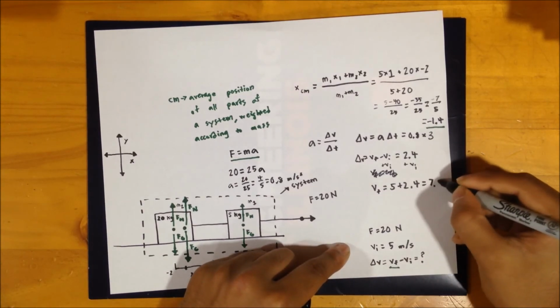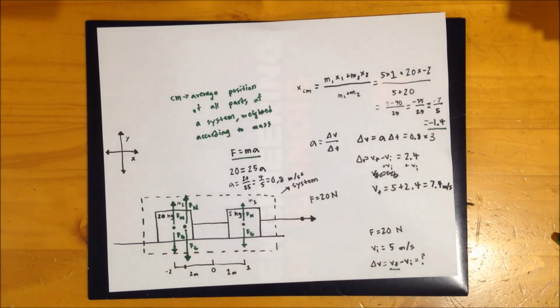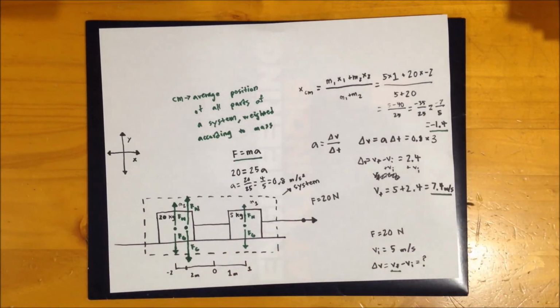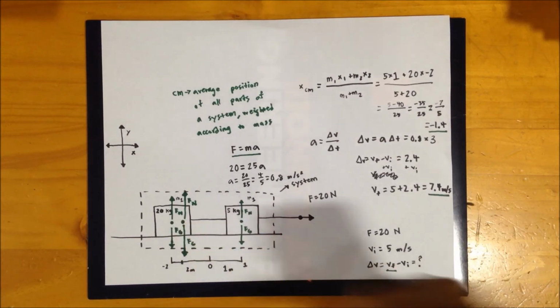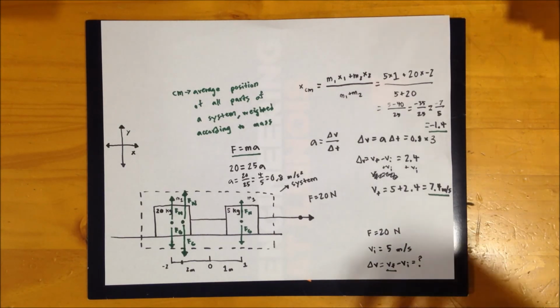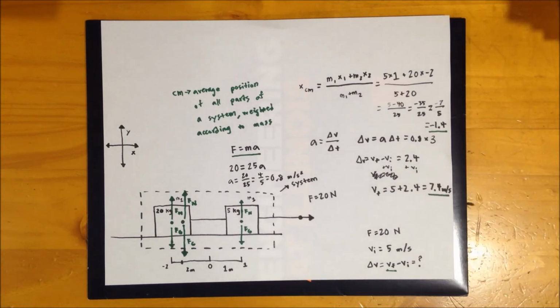We get a total of 7.4 meters per second. So the center of mass velocity is 7.4 meters per second. The system was moving to the right at 5 meters per second initially, which is equivalent to this single point being pushed with a force of 20 newtons to the right, and it is now going at 7.4 meters per second after 3 seconds of being pushed with a force of 20 newtons.